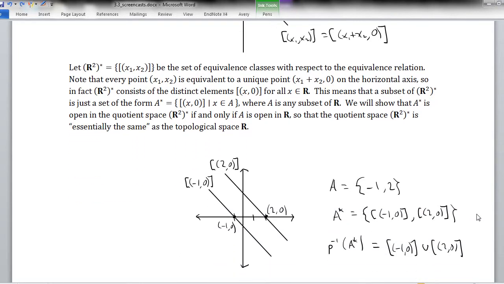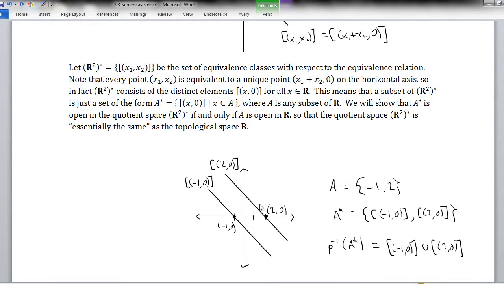Okay, so you might get confused a little bit with what these A and A star mean. So let's run through it in a simple example here. Suppose that my set A of real numbers is just -1 and -2. And that gives me these 2 points, (-1, 0) and (2, 0), on the horizontal axis. Well, then A star is a set of equivalence classes of these 2 points on the x-axis.